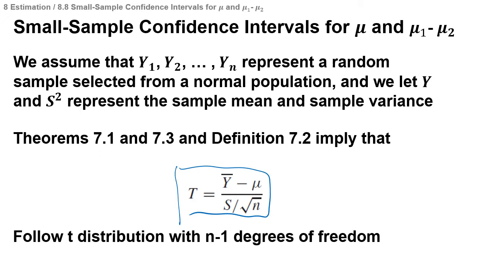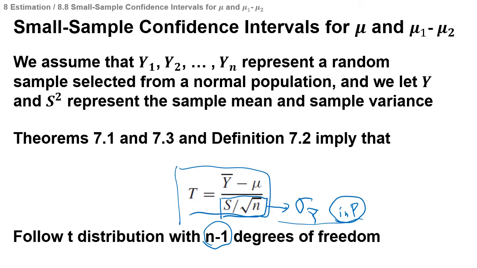Previously in chapter 8.7, if we have a sufficiently large n, then this part, s over square root of n, converges in probability to the standard error of y bar. Actually, we will learn what this means in the following chapter, chapter 9, I guess.